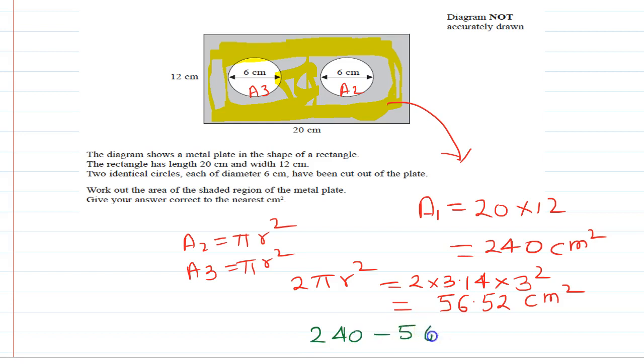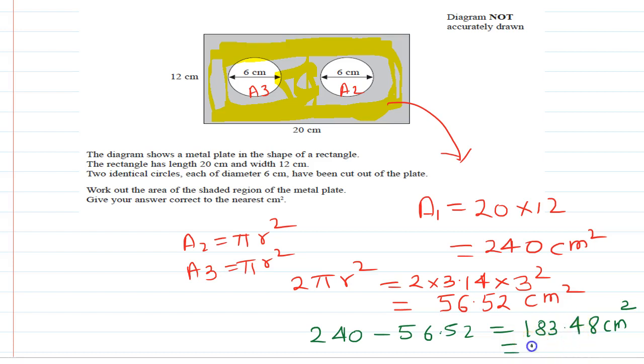So 240 take away 56.52, it comes 183.48. So it is coming 183.48 centimeter square, right? So decimals one place, if you want to round it off, you can round it off.